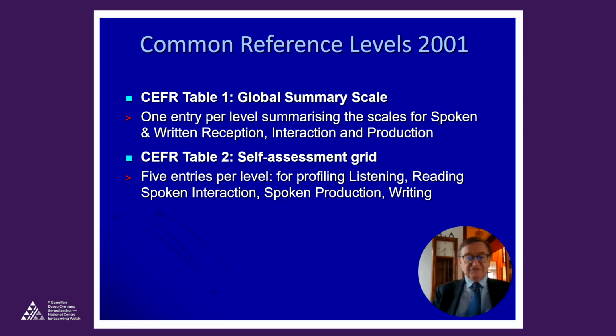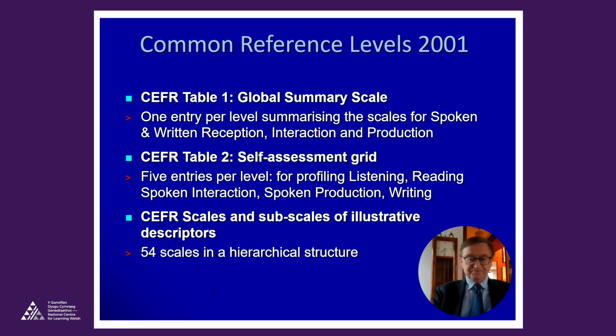A more developed way of indicating the level of language ability was offered in terms of a self-assessment grid, where learners could evaluate themselves how much they are able to do in this or that language and how well they are able to perform.